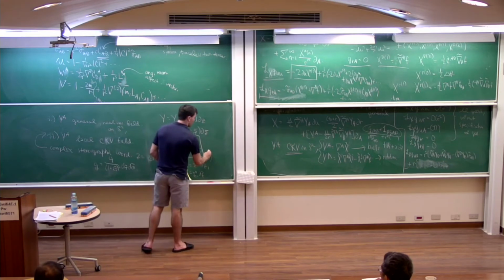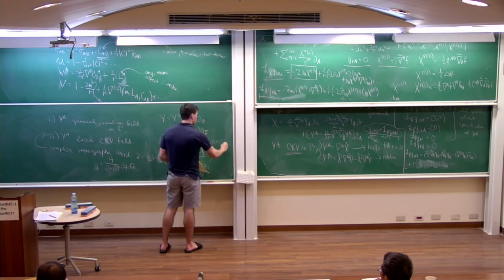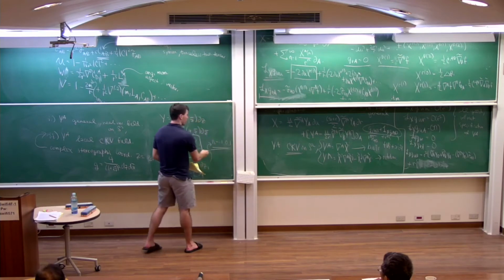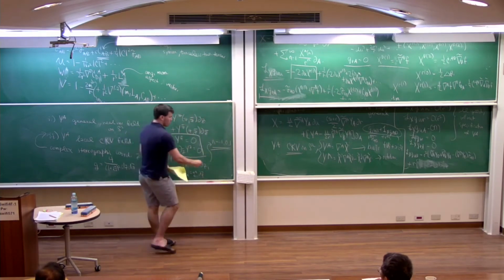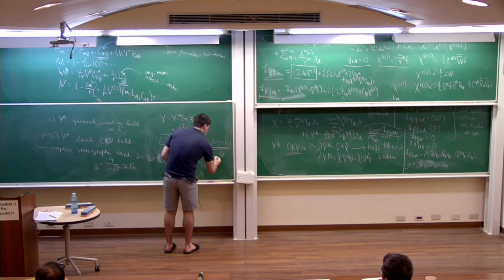In particular, if you look at lower integer values for n, and you take some complex combinations, what you end up recovering are the global CKVs.